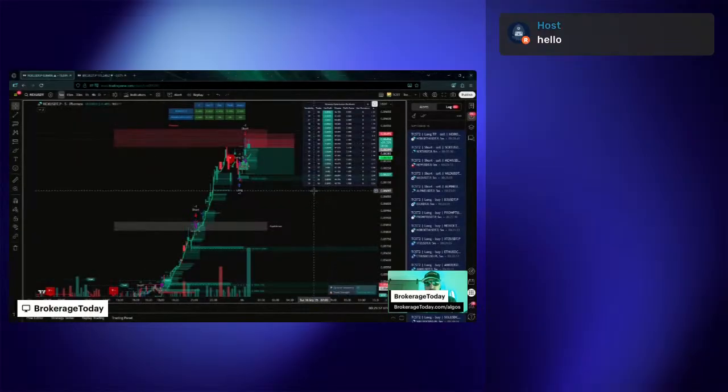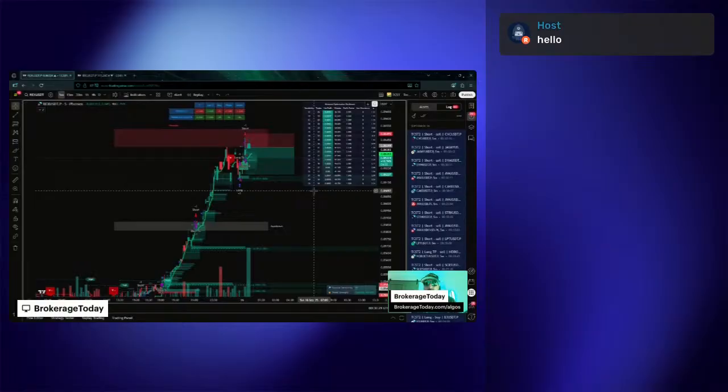Here we go. Yeah, this is looking pretty good. Looks like we're going to get that push to the downside that we're looking for, actually.